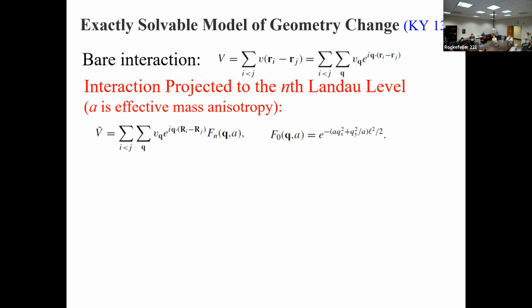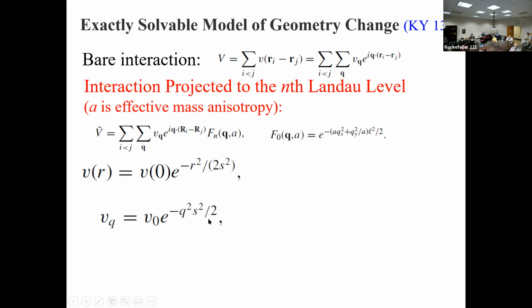Okay, so the exactly soluble model that I proposed in this work actually also has a Gaussian interaction. Why is the Gaussian interaction useful or nice? Because the Fourier transform of a Gaussian is also a Gaussian. Here, I assume the interaction is actually isotropic. So I have an isotropic Gaussian.